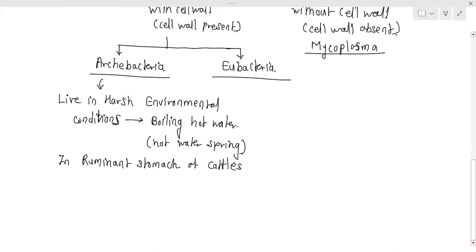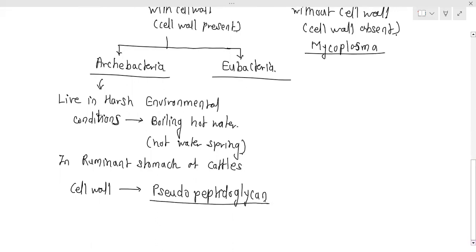In another topic we will study in detail about archaebacteria, but right now I just want you to understand that in archaebacteria, cell wall is made up of a chemical called pseudopeptidoglycan. Okay, remember this name of the chemical. Eubacteria are the normal bacteria which live in normal environmental conditions.